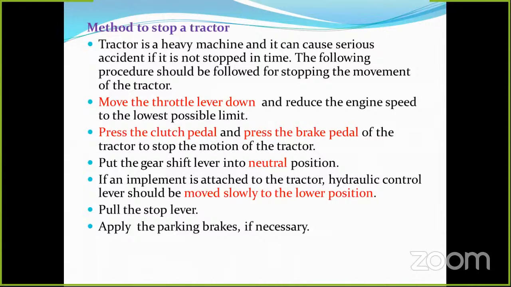Then the gear lever should be in neutral position. Okay, next, the implement attached to the 3-point hitch linkage system should be moved slowly towards the lower position. Next, apply the parking brakes if necessary.